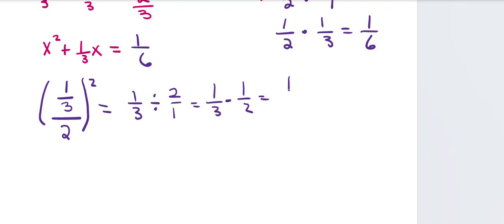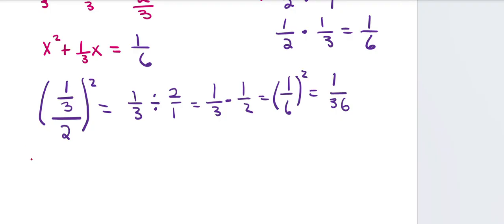So this becomes 1/6. And then this is 1/6 squared, which is 1 times 1, 1, and 6 times 6, 36. So I have 1 over 36. So once I do 1/3 divided by 2 and square, my answer is 1 over 36. And this 1 over 36, it's what I'm going to add to the left and the right side of my problem.